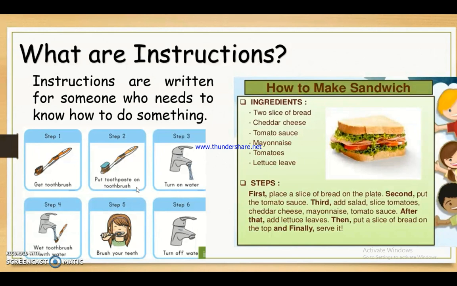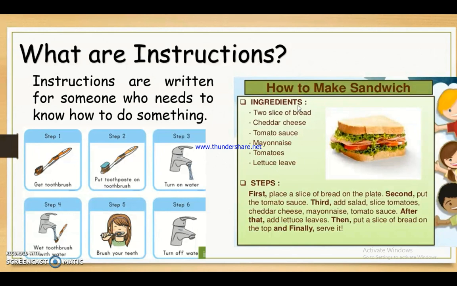On the other side of the picture here we have instructions on how to make a sandwich. First of all we need to have a title, how to make a sandwich. Number one, when you are writing instructions, write the title first. And then we write the ingredients.